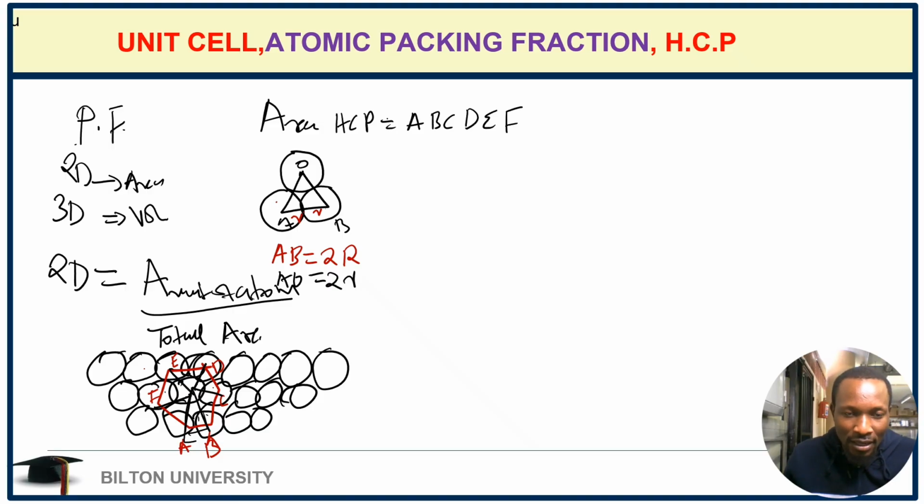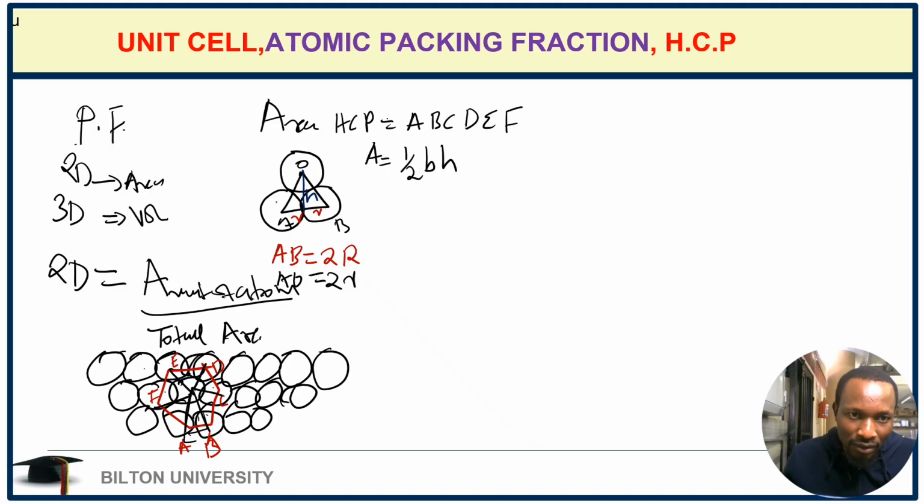It doesn't matter capital R or small r. So now what is the area of a triangle? The area of a triangle is given by half base times height. Now we can introduce our height here from O to the middle of this side, and this is going to give us the h that we are looking for.